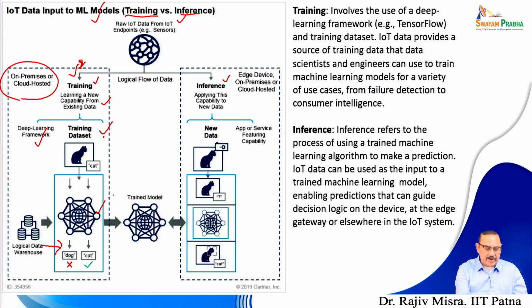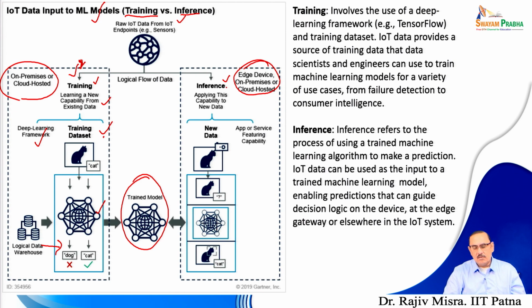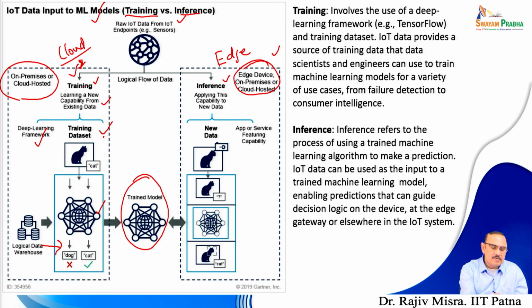Now, once the model is trained, this particular model is containerized and often deployed on the edge device. So, edge device, on premise or cloud hosted, any of these placements can happen. Let us say that the training is happening at the cloud, whereas the inferencing is happening at the edge.